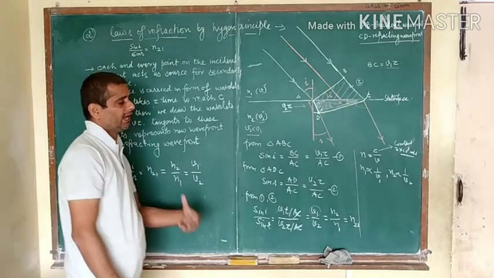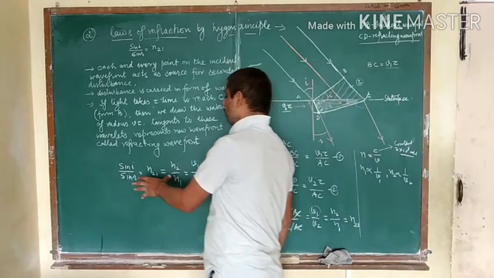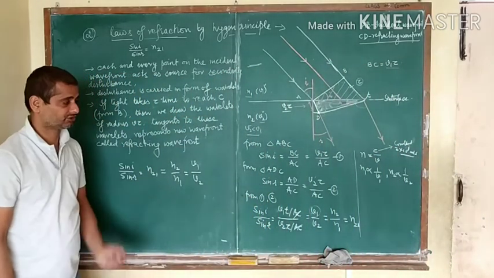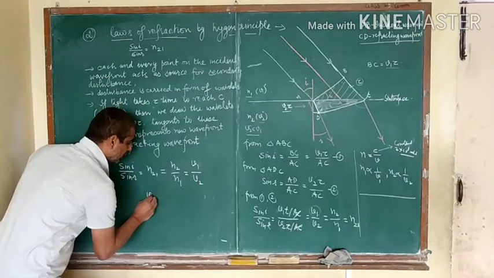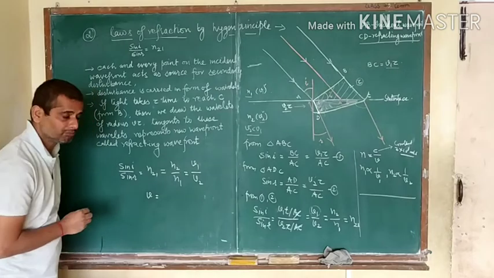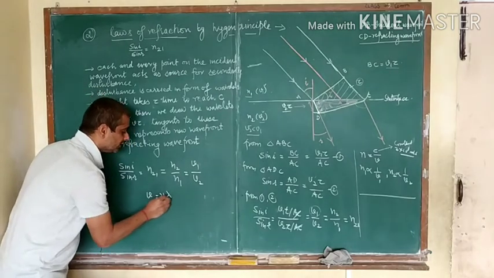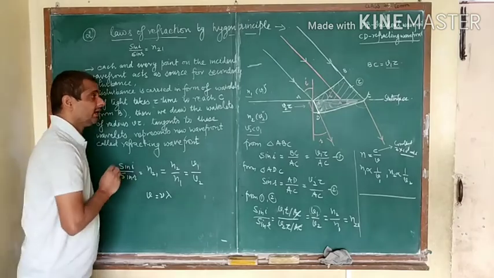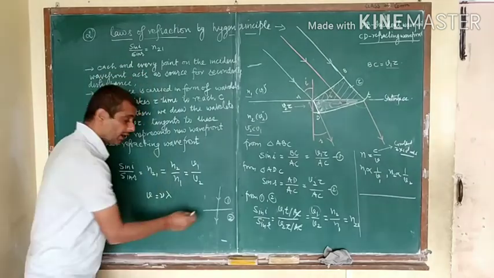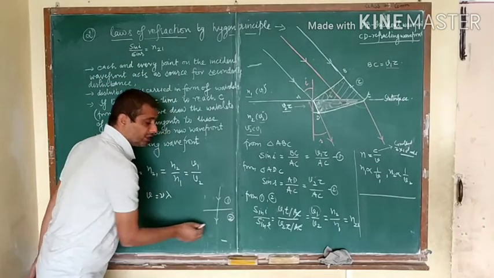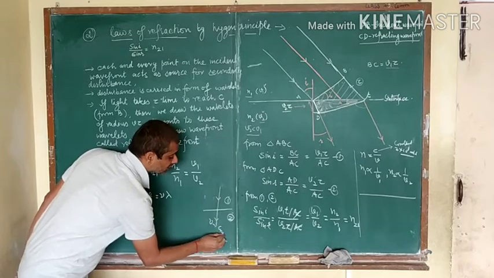Furthermore, if you want to enhance further, I want to write this Snell's law in terms of wavelengths. So how will you write it? We know that velocity of light is given by frequency of a wave into wavelength. When light goes from one medium to the second medium, the frequency of light remains constant.